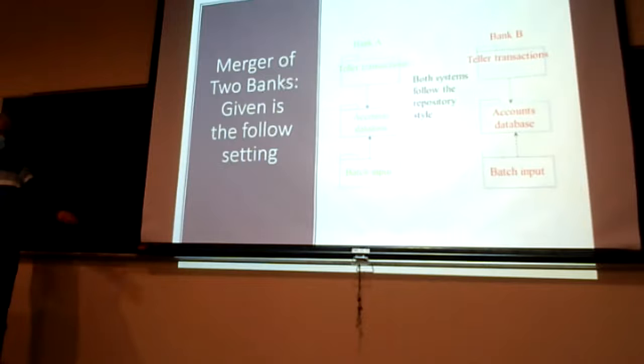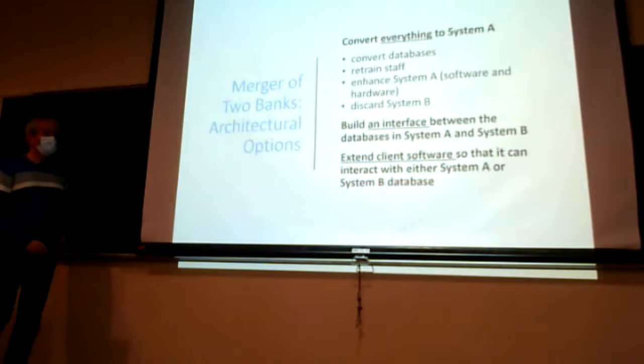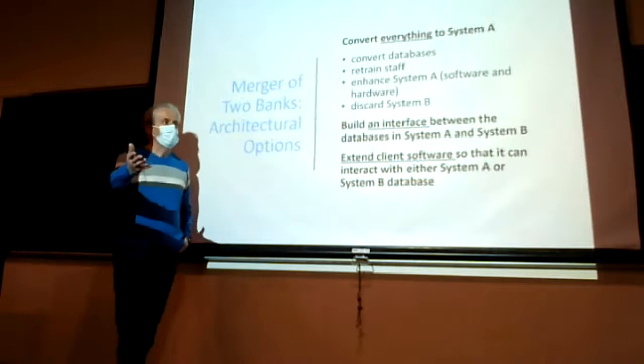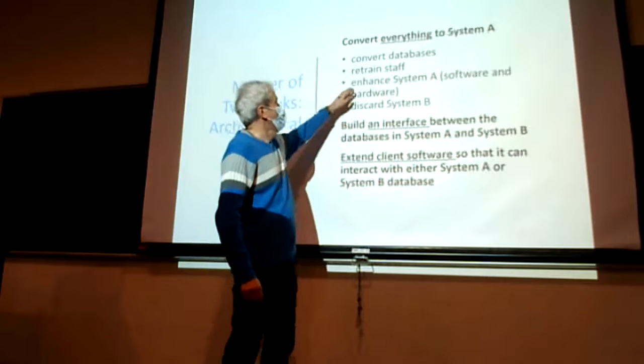So both of them, that's how the systems work, right? So one approach would be to convert everything to A or B, right? Whoever is your better bank has a better system.